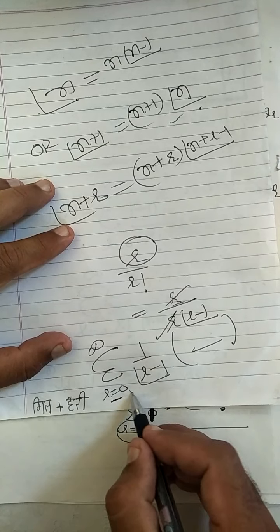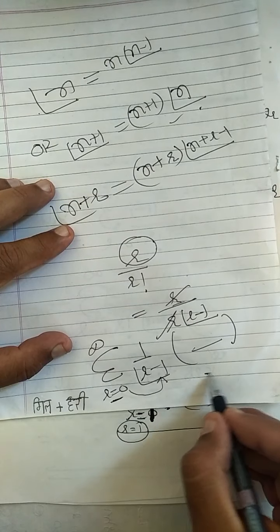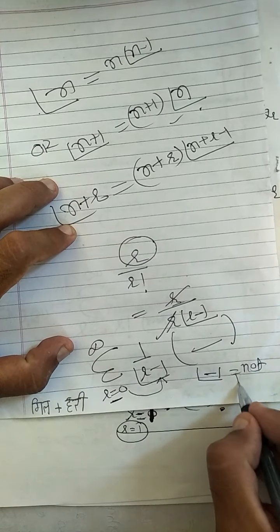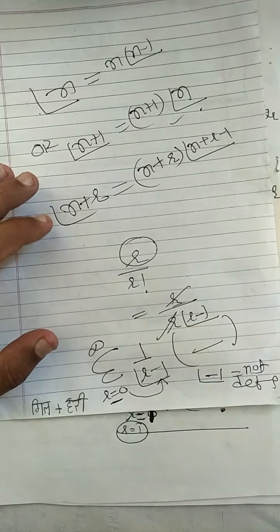If r is 0 and this term occurs, factorial of negative 1 is not defined. Factorial of negative 1 is not defined.